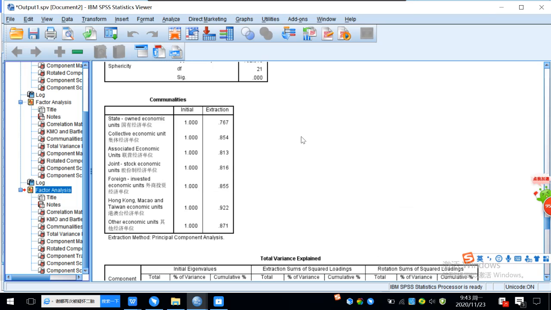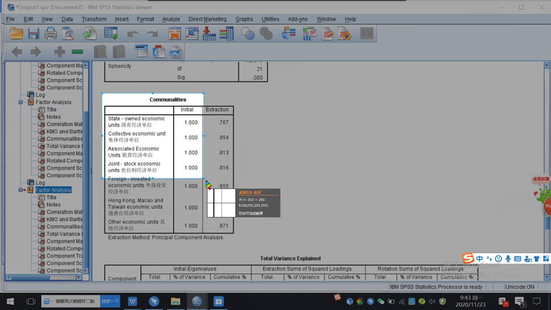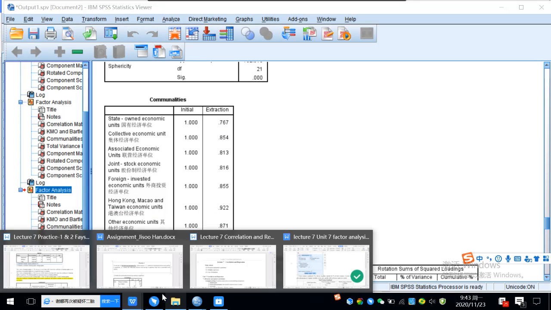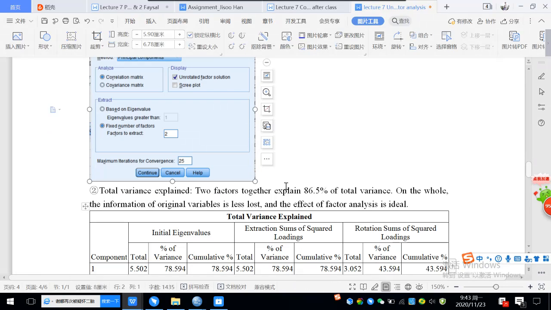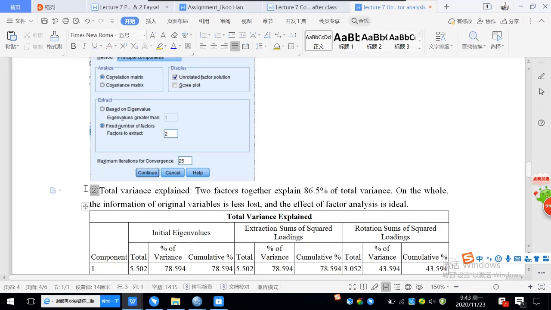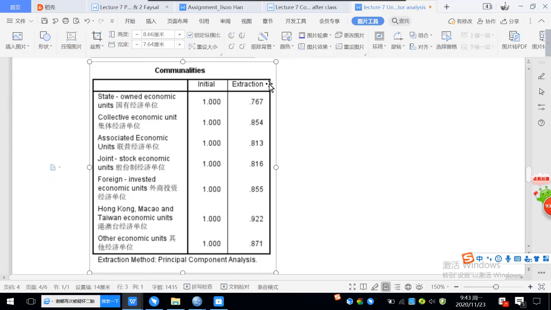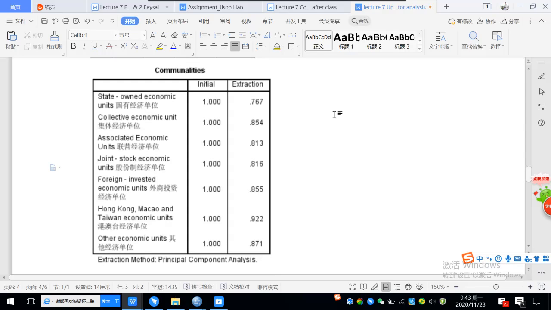Now, okay, let's look at the communities. From here you can see that the communities of all the variables is from 0.767 to 0.922, right?